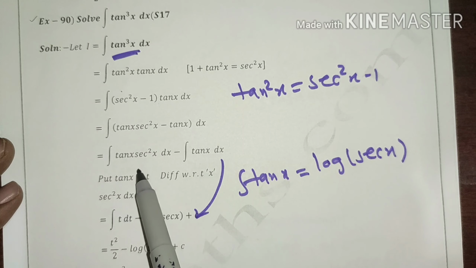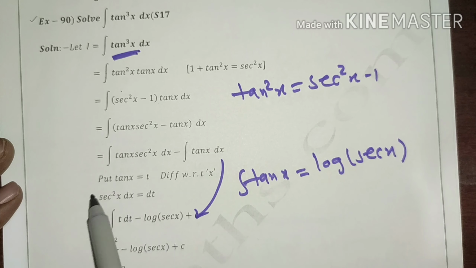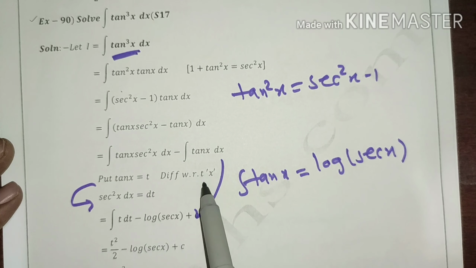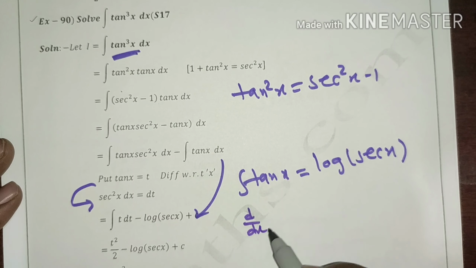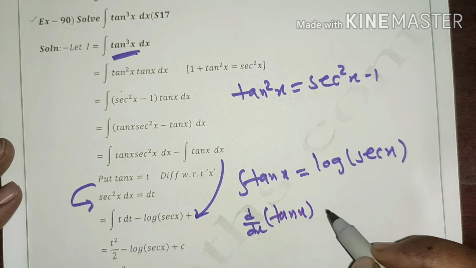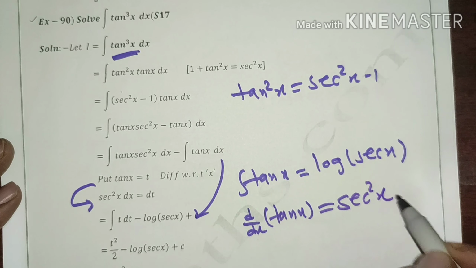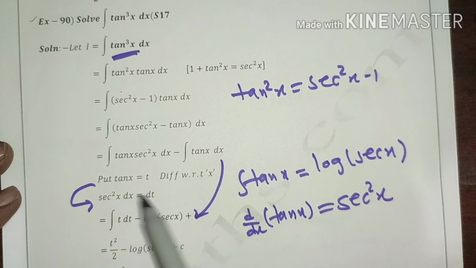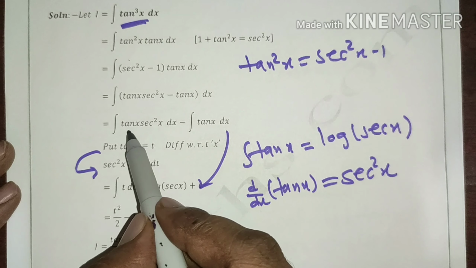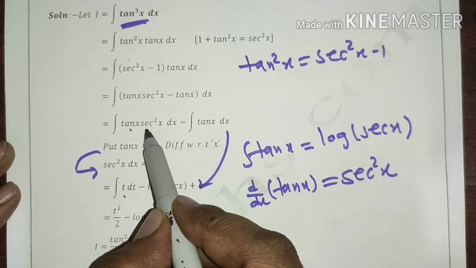For the first term we use the substitution method, because tan x and sec square x are both there, the function and its derivative. We put tan x equal to t and differentiate with respect to x. The derivative of tan x is sec square x, and the derivative of t is dt by dx, so sec square x dx is dt.